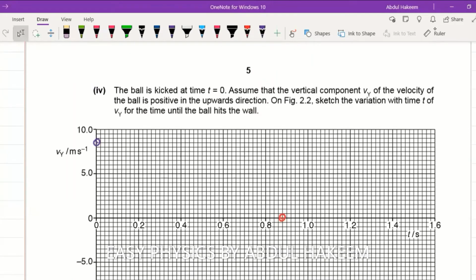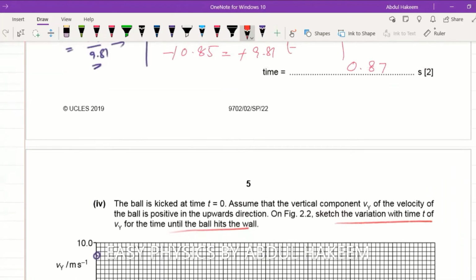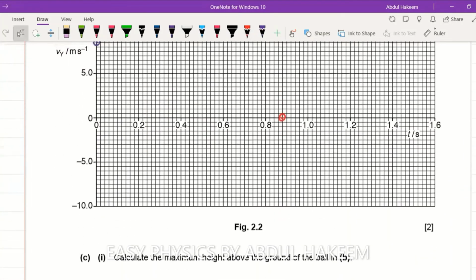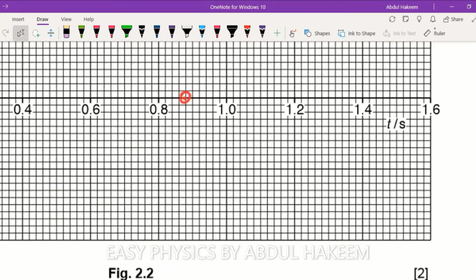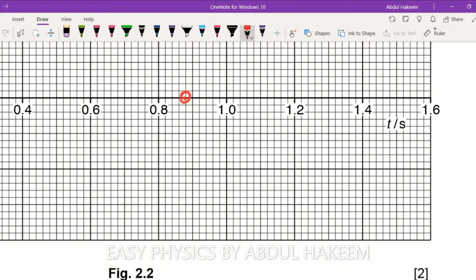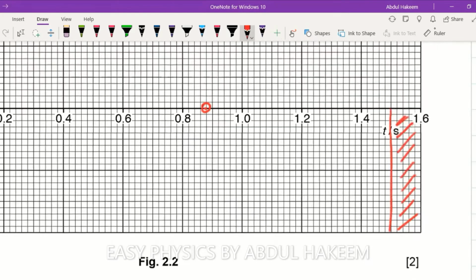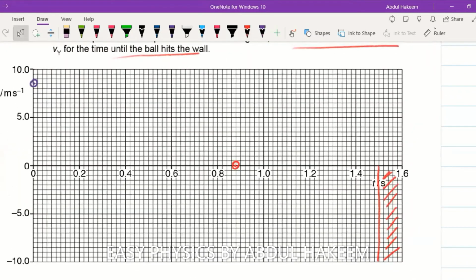Now we have to sketch the graph of Vy for the time until it hits the wall. This ball is hitting the wall after 1.5 seconds, between 1.4 and 1.6. So this is the end; beyond this, no graph is required. For the upward journey, the acceleration is 9.81, and for the downward journey, it's 9.81.